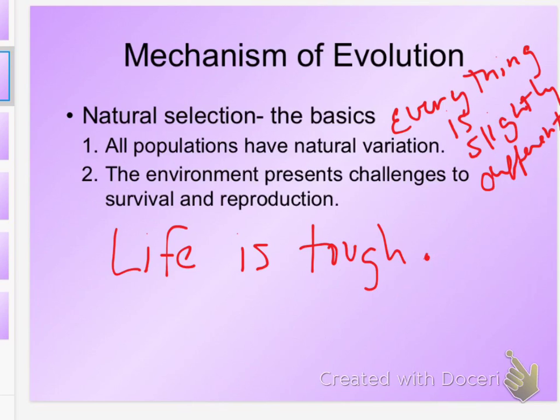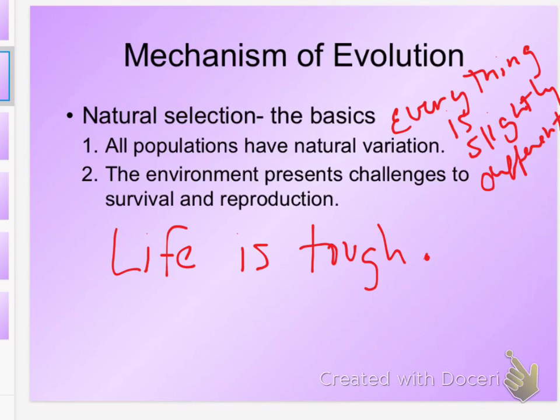How many of you have had to go out and forage, and by forage I mean dig around in the woods, look under rocks, look under logs, pick, harvest, or kill every single thing you've eaten in the last month? You were able to go to a refrigerator or a store or somebody made you something? Okay. The level of life is tough that we're talking about is really down to being killed and eaten and starving to death.